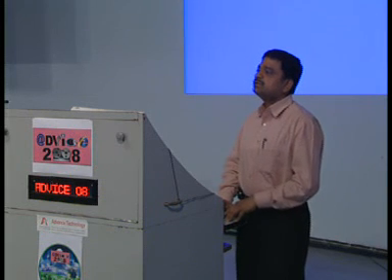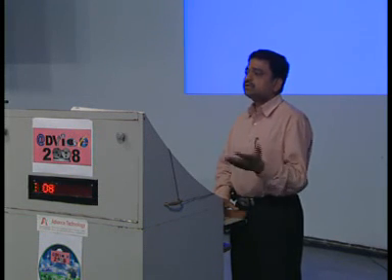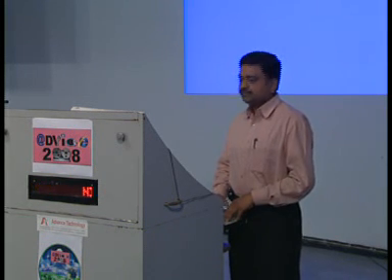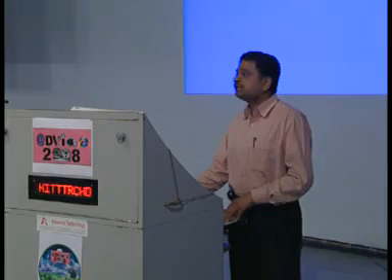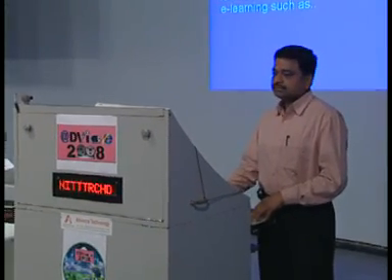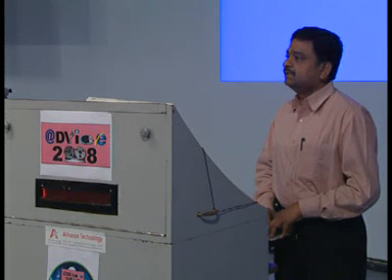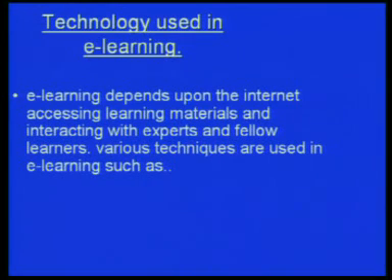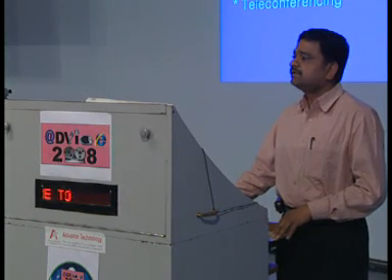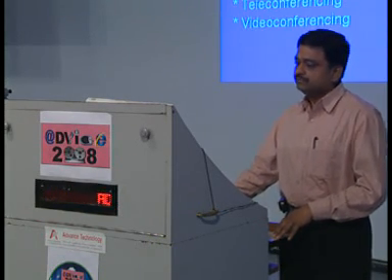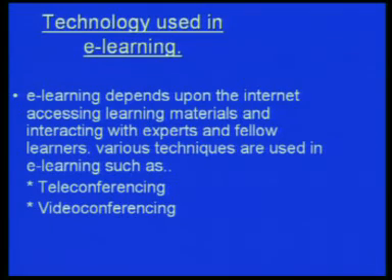Now, what are the technologies used in e-learning? A number of technologies are used to implement e-learning. Some of them are listed here. E-learning basically depends upon the internet for accessing learning material and interacting with experts and fellow learners. Various techniques are used, such as teleconferencing and video conferencing. Teleconferencing, as we know, is sending the signal over a telecommunication system such as a telephone link.